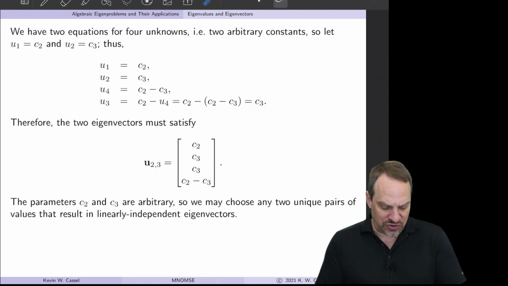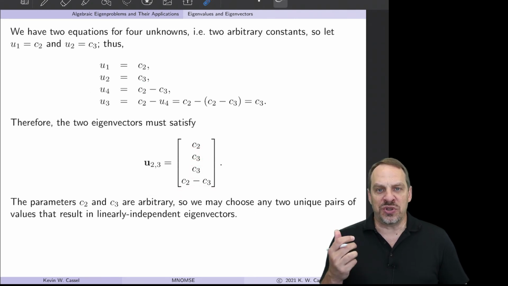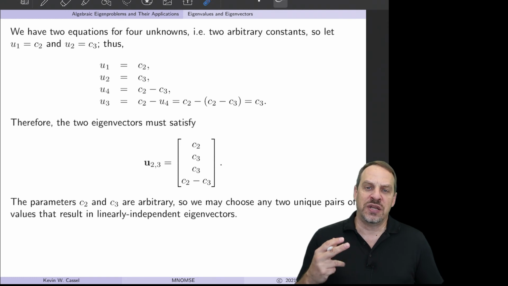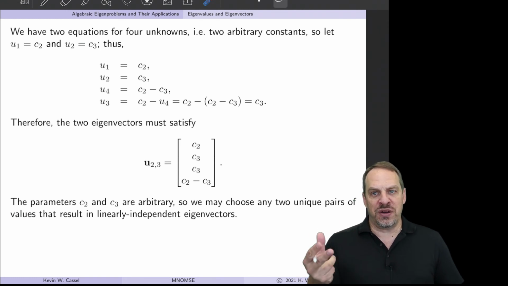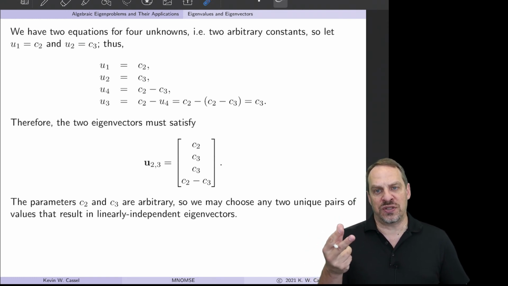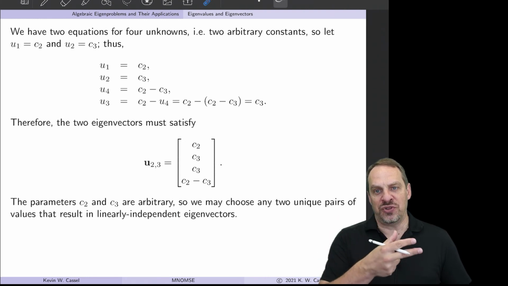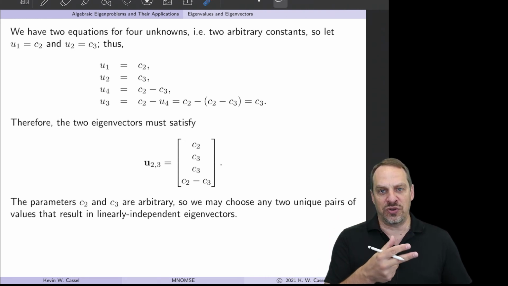So that gives us our general expression for an eigenvector, c2, c3, c3, c2 minus c3. Now remember, these constants are completely arbitrary. So I can choose two separate pairs of c2, c3 constants to get my two eigenvectors, u2 and u3.